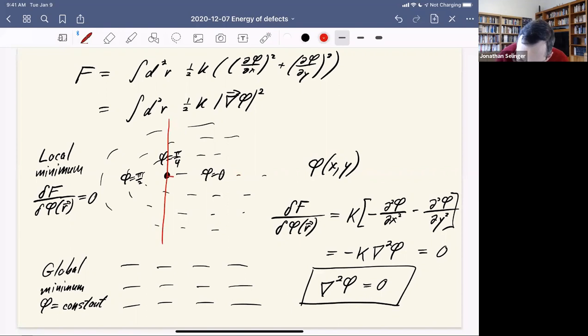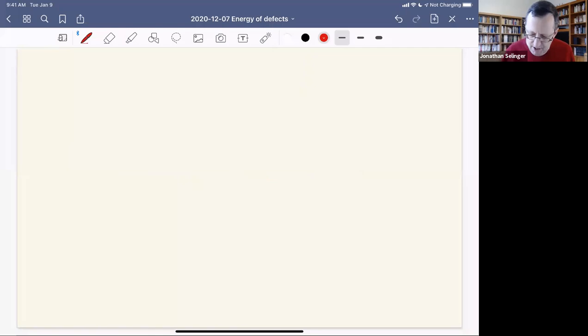Let's make the origin of coordinates right at the defect itself, okay? So we could say here's x, here's y. Or we could work in terms of polar coordinates, r and theta. Either way works, right? And so I will save time by skipping ahead to tell you the answer, okay?